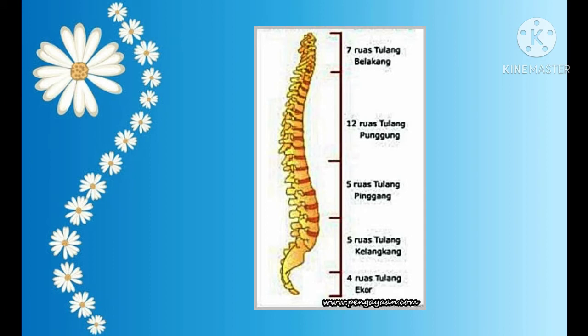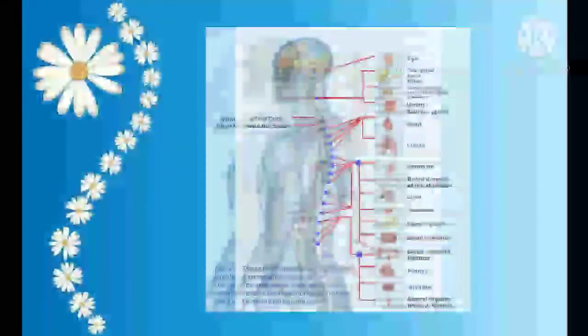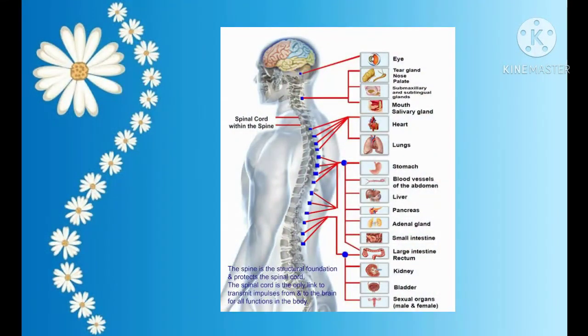The composition of the spine. Here below are several spinal arrangements, including neck vertebrae, cervical vertebrae. There are 7 vertebrae in the neck, with the first vertebra being the atlas.